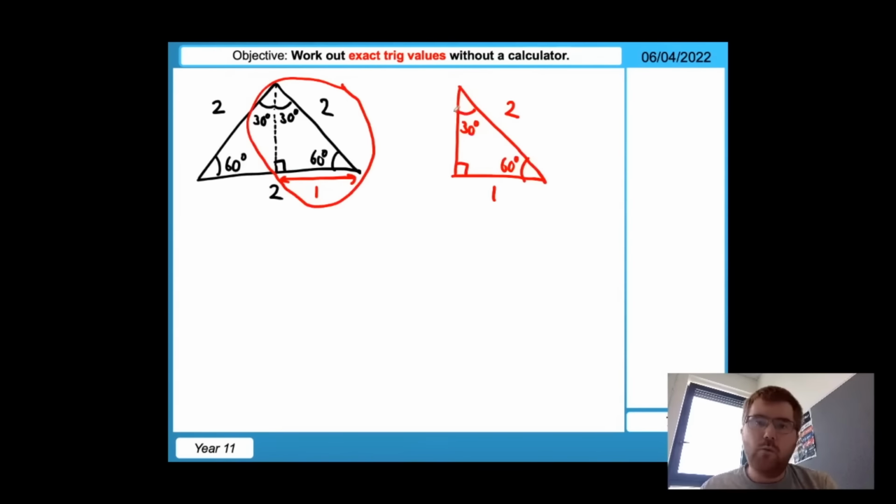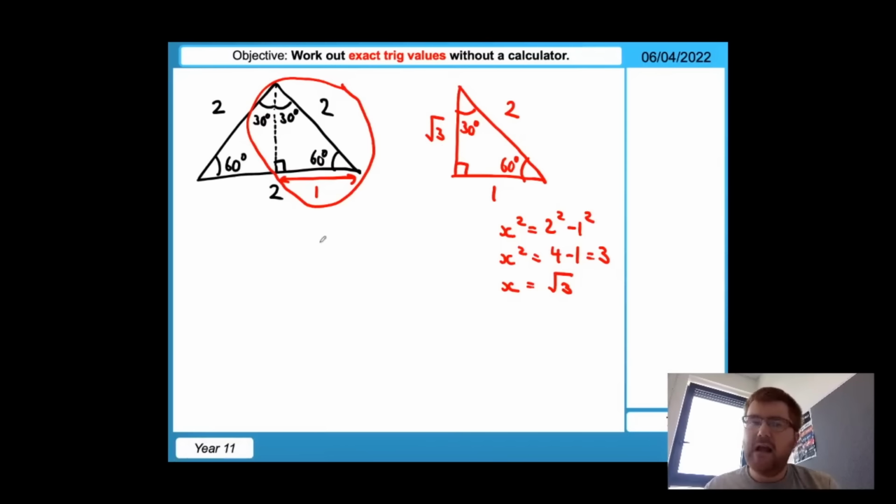So x squared here is going to be equal to 2 squared minus 1 squared, because we're looking for a smaller side. And so x squared is equal to 4 minus 1, which is equal to 3. And if we square root both sides, we work out that this missing side is equal to the square root of 3.